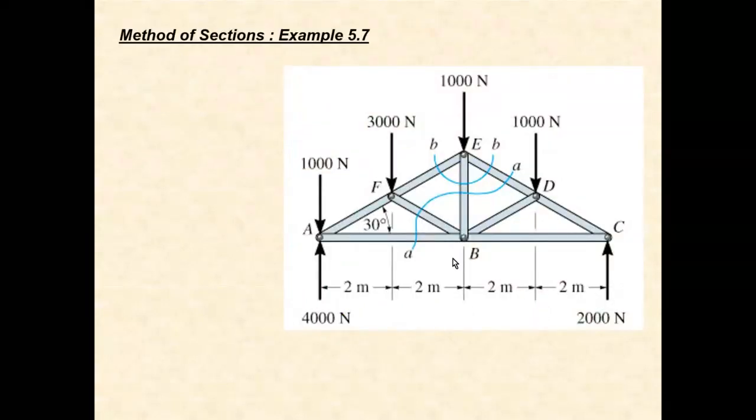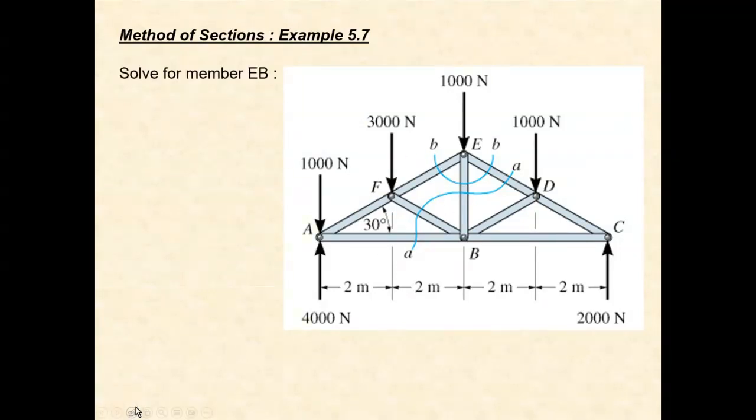Okay, so now I have a question for you here. In this example, if I apply method of joint at E, is this solvable? If I apply method of joint at E, that means I need to take a free body diagram like so.